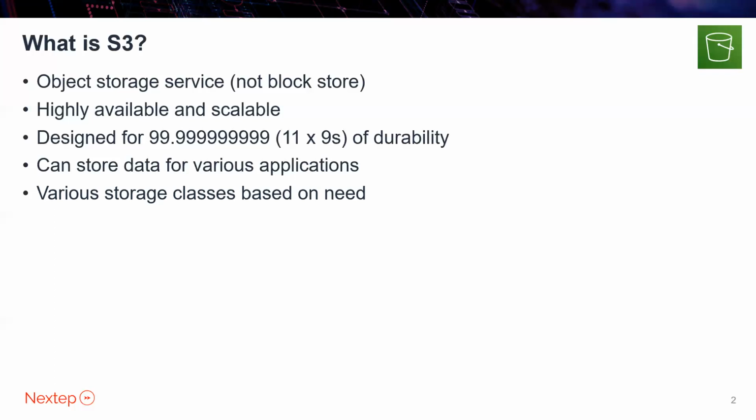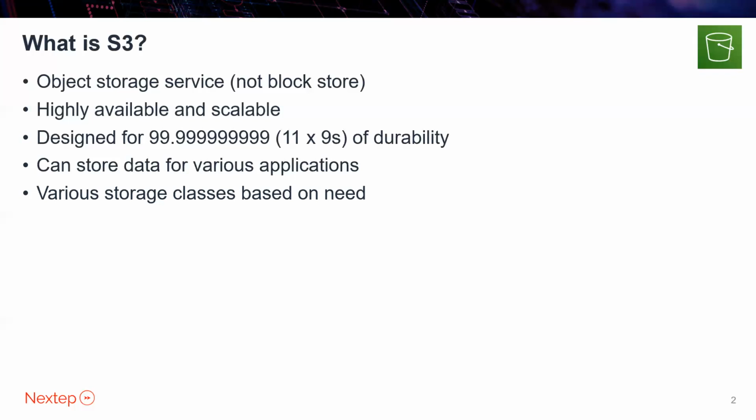Okay, now in S3, there is a concept called storage classes. Based on your need, you can use varied storage classes. You may have a requirement that I want to be able to store this object, but I use this object very frequently.